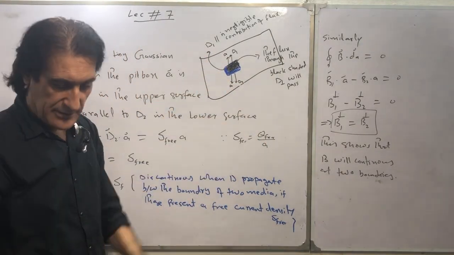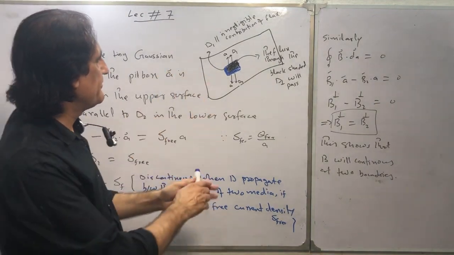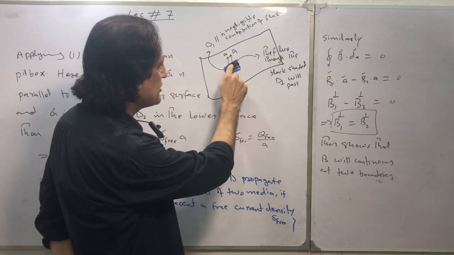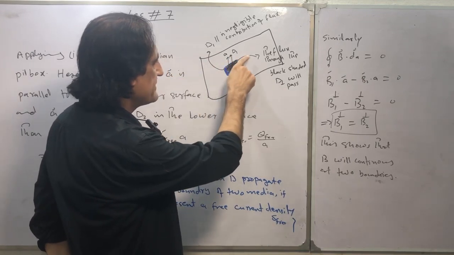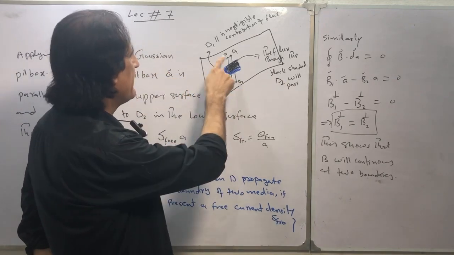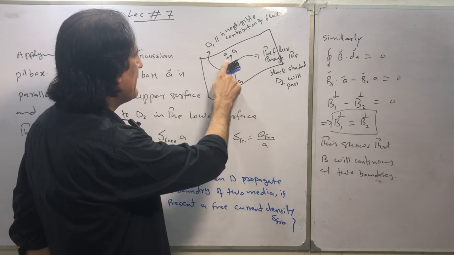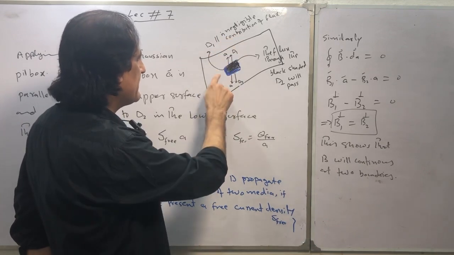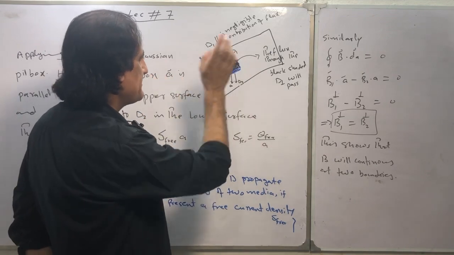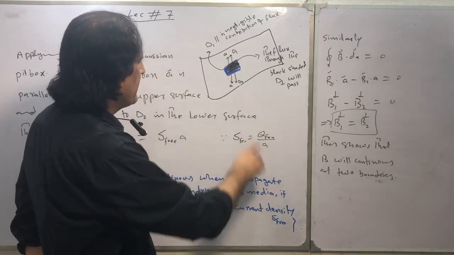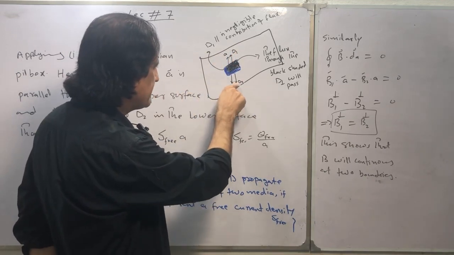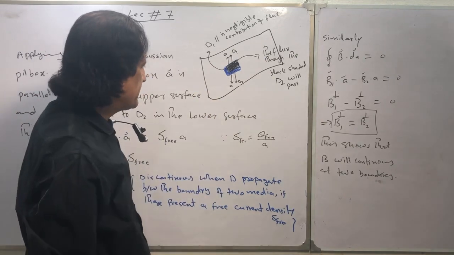So this is a pillbox. The black shaded area is where the flux passes: D perpendicular will pass, and here D parallel is negligible. Now the area A and D1 are parallel, and A and D2 in the lower area.